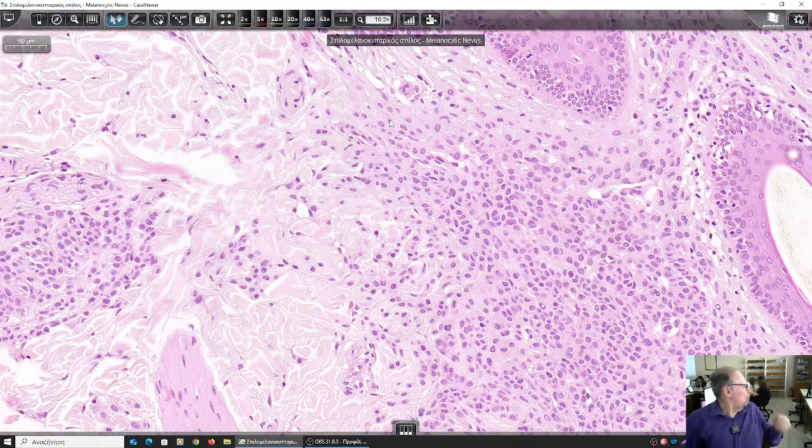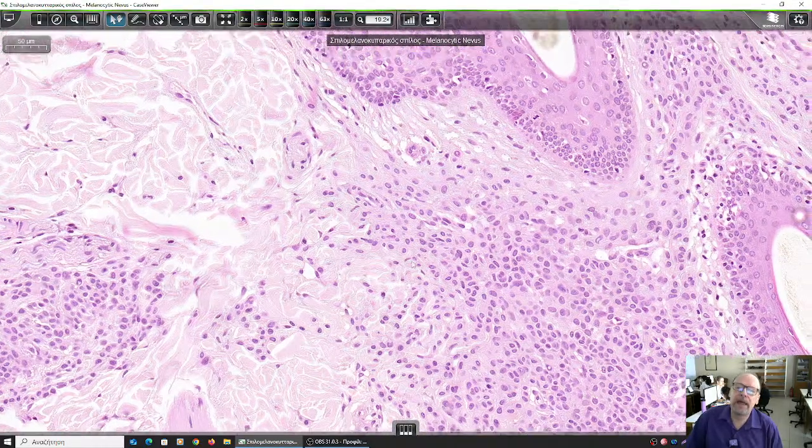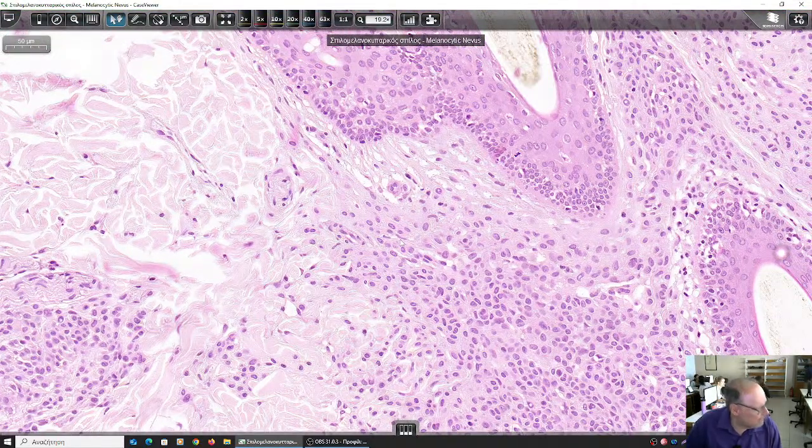In a melanoma, you would have atypical cells from the upward to the downward part of the tumor. Here, there is evidence of maturation, and more importantly, in this deeper part of the nevus, no mitoses are discernible.